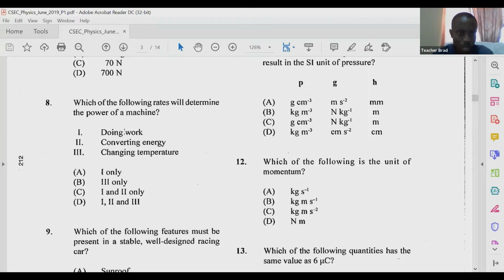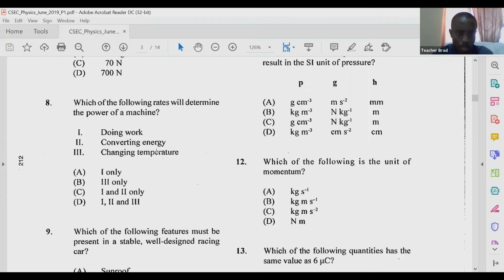So the rate of doing work, certainly, because power is the rate at which work is done. And the rate of converting energy, certainly, because power is also the rate at which energy is converted or changed. The rate of change in temperature, not quite.